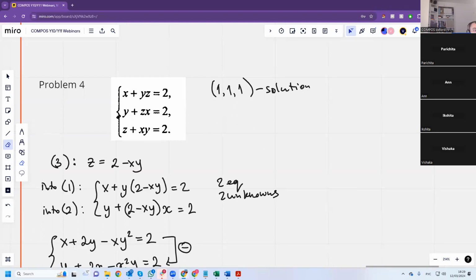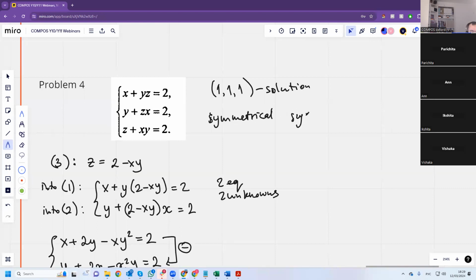Besides, you can see that it's a symmetrical system. It's a symmetrical system because you can change x, y, and z around, and the system will not change.